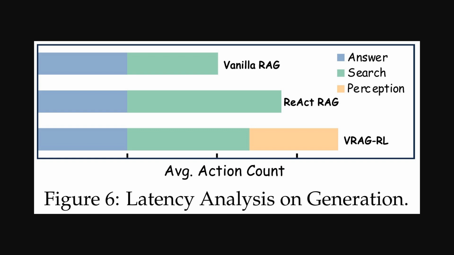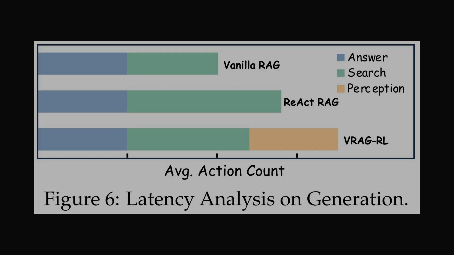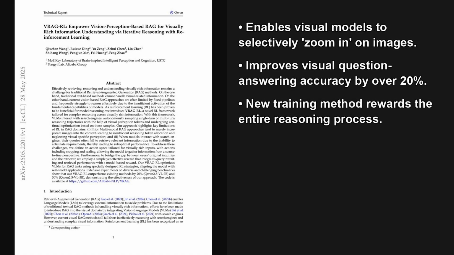This represents the model taking time to zoom in and analyze image details. It means VRAG-RL takes more steps overall, but as we've already seen, that extra work is what leads to the significant jump in accuracy. While VRAG-RL does take a more scenic route to get there, the destination is a much more accurate answer.